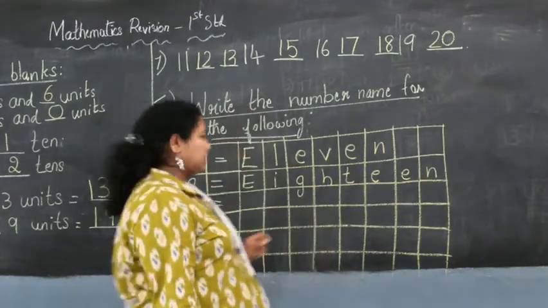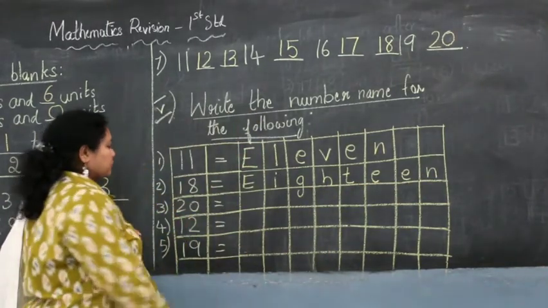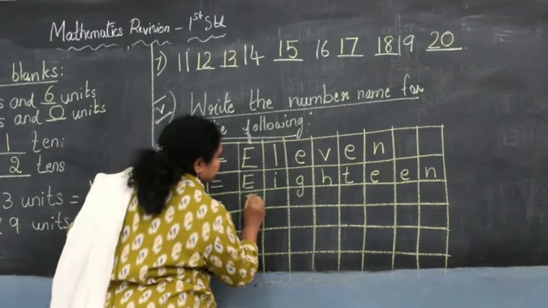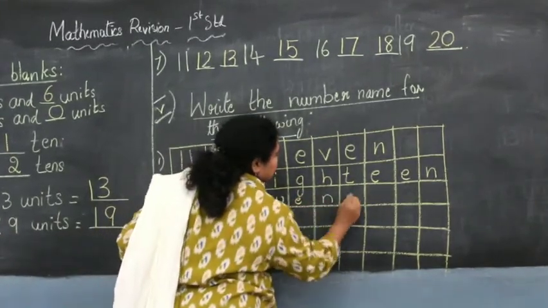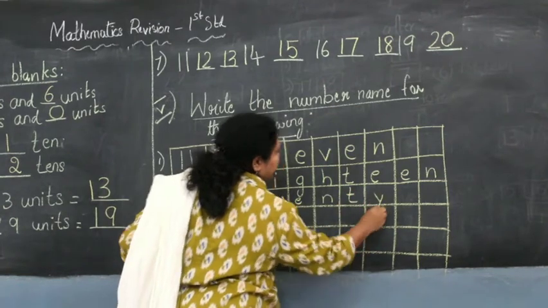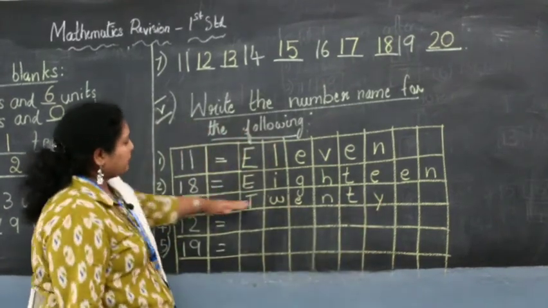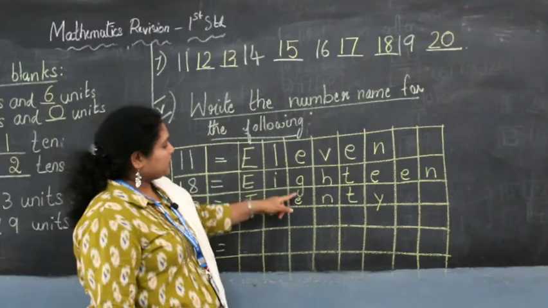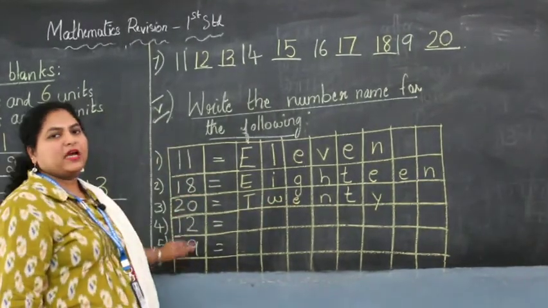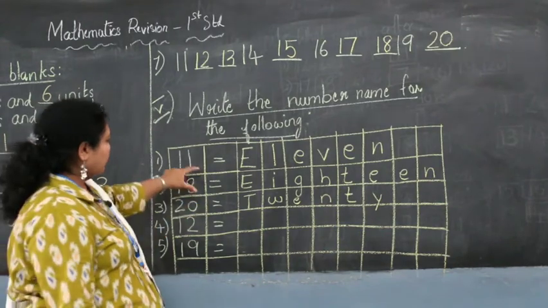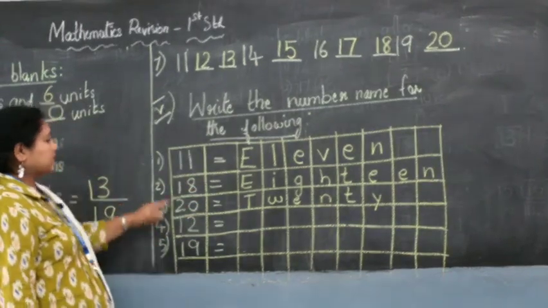The next, 20. T-W-E-N-T-Y, 20. If you leave one line in between, it will be easy for you all to understand. Now there's no space here for me. I haven't left the line, but you all leave one line between the numbers.